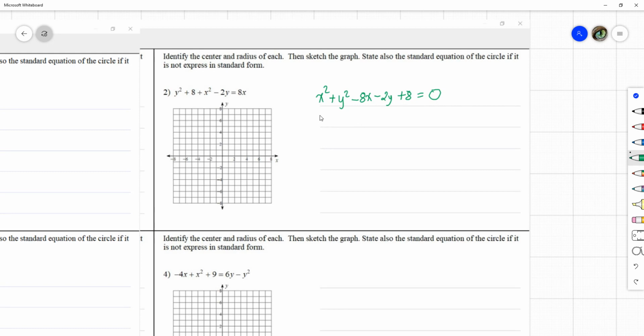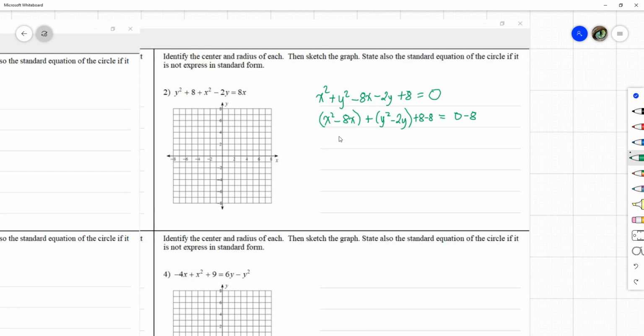So here we are going to group those terms with common variables. So you have x squared minus 8x, that's one group, plus y squared minus 2y, that's one group, plus 8 equals 0. But in this case, we have to see to it that the left side should have no constant term. So minus 8 on the right side.